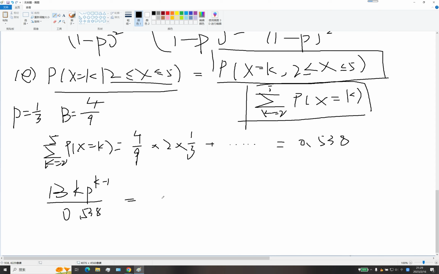So this is 0.538, and multiply by k and multiply by p, which is 1 over 3, to the k minus 1, where k equals 2, 3, 4, 5. So this is the answer to question E.